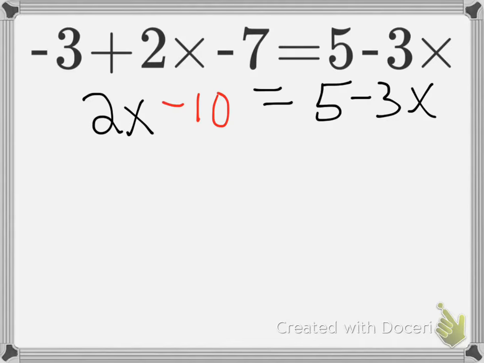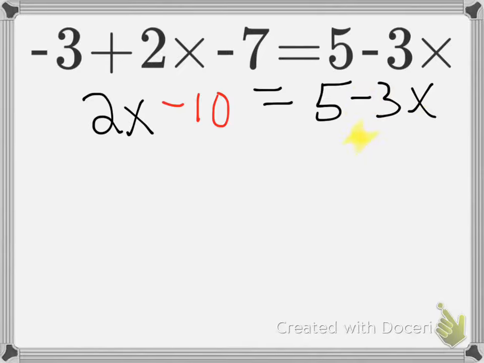Now I'm going to use the same strategy as I did last time. I want all my x tiles together and I want all my numbers together so that I have things balanced out and I can divide it out at the end. So I'm going to move all of my x tiles to one side, and I want to try to keep them positive if I can. So I am going to move these minus 3x's over to the other side.